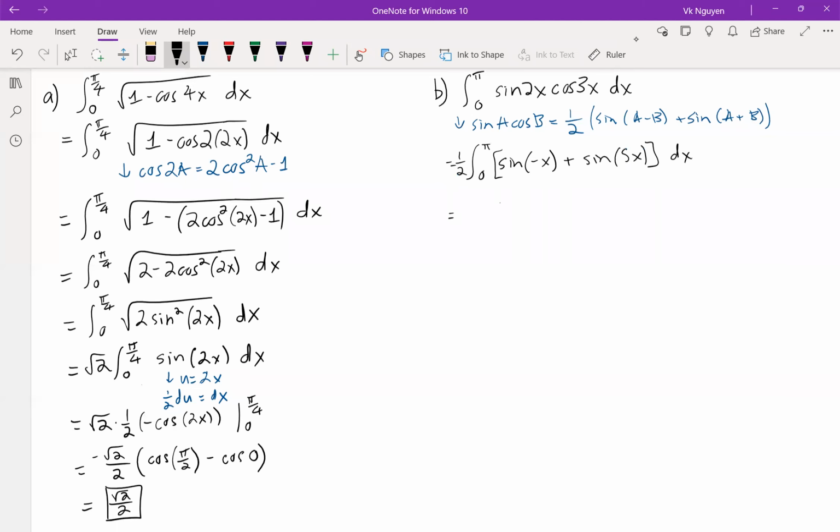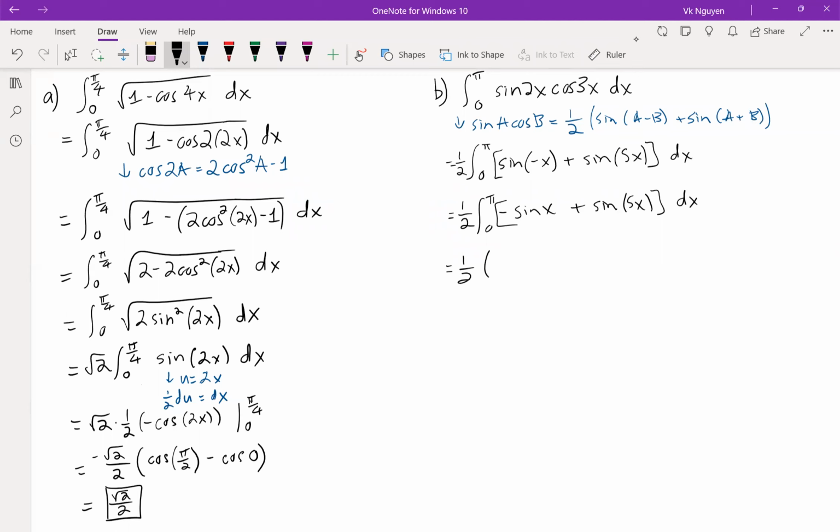Sine of negative x is negative sine x. So 1 over 2, integral from 0 to pi, of negative sine x plus sine 5x dx.